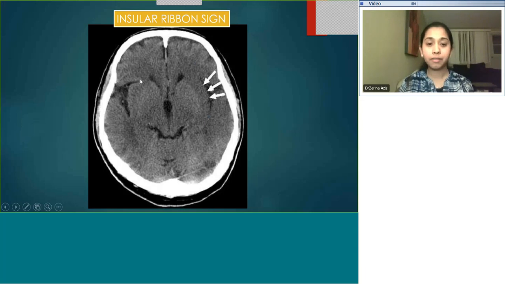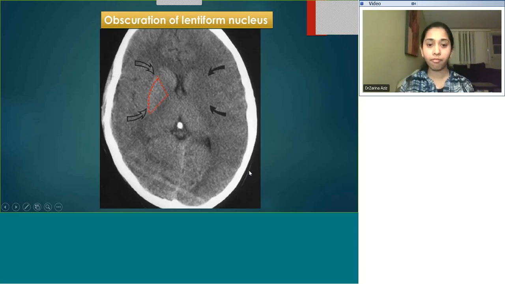So when the bright density is lost and it almost merges with the hypodensity of the external capsule, that is what we call an insular ribbon sign. It's like a band of hypodensity, and this can be picked up quite early. So always in a case of acute ischemic stroke, look for the insular ribbon sign, compare it with the opposite side. This is a very specific sign of MCA occlusion.